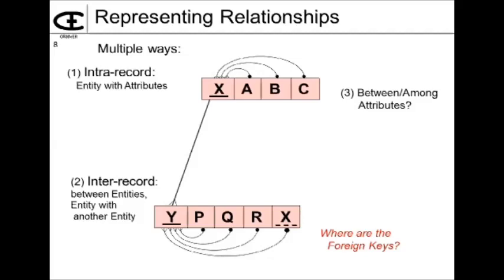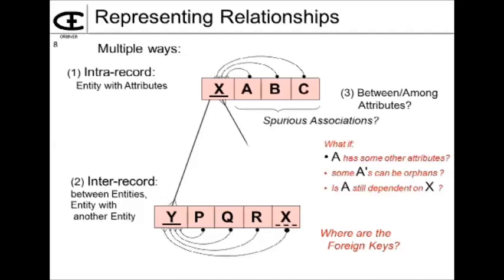Here's how you might think about this. If A needs another table for A, because you've either got orphans or you've got other things of interest about A, if it still is dependent upon X, then when you pull A down, pull the dot with you. Okay? Because the A that's in X is the same as the population of A's in A. So you can see there's some redundancy here.